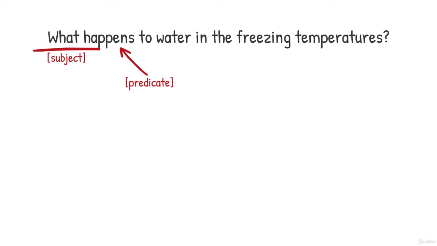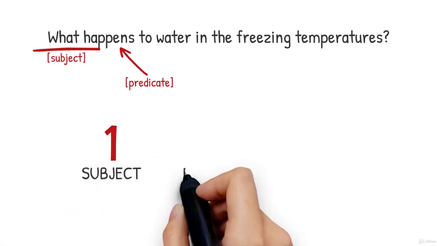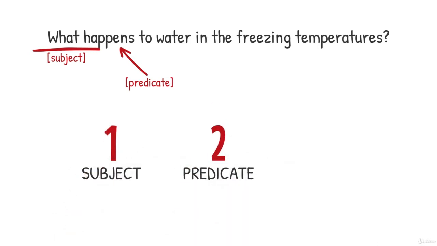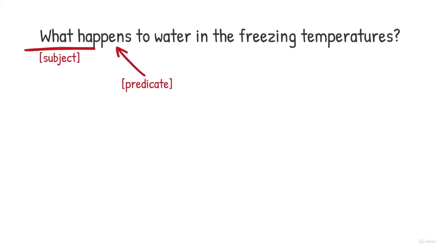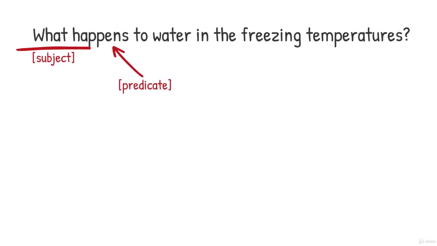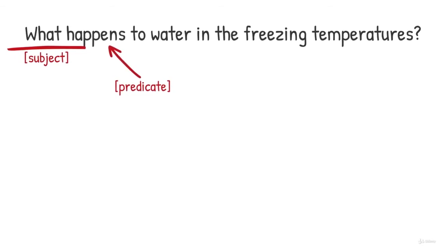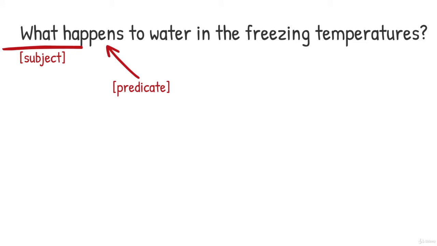And as you remember from the previous lessons, predicate always goes after the subject, not before it. So our predicate goes after what, which makes what a subject. And because what is an unknown subject, we don't use auxiliary verb do or does.